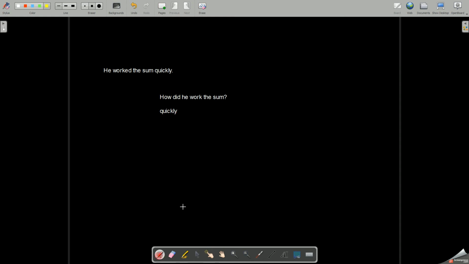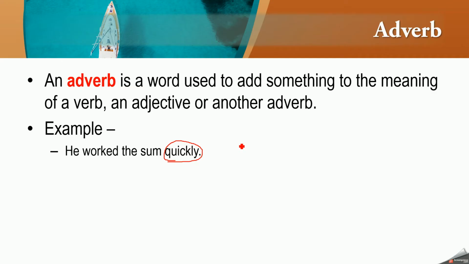So this word quickly is what? It is an adverb. Why? Because it describes the verb. It describes this verb. How did he work? He worked quickly.